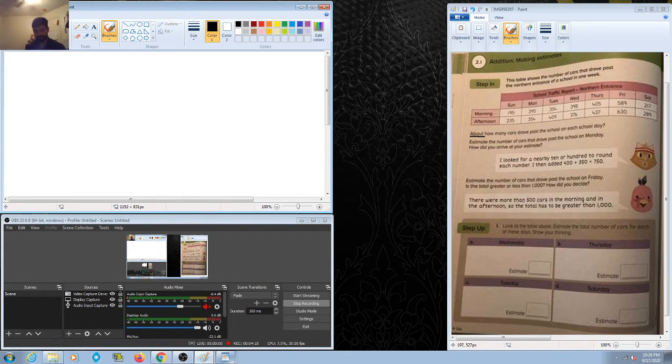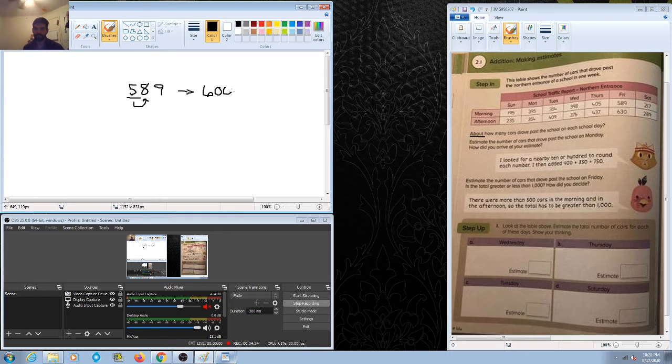So that's very true. Even if you rounded down to the nearest hundred, let's see what happens. If you rounded 589 to the nearest hundred, we look at the 5, that's the hundreds place, the place value in question. Look to the right. It's 5 or greater, so it's going to round to 600.